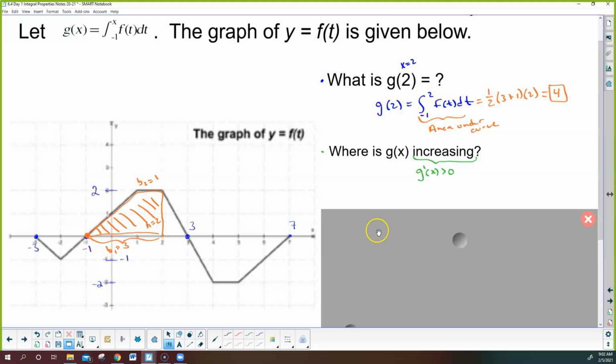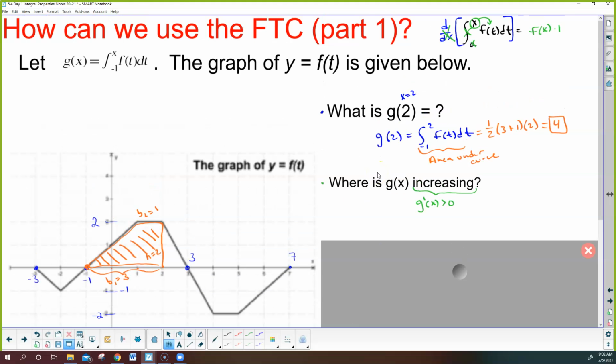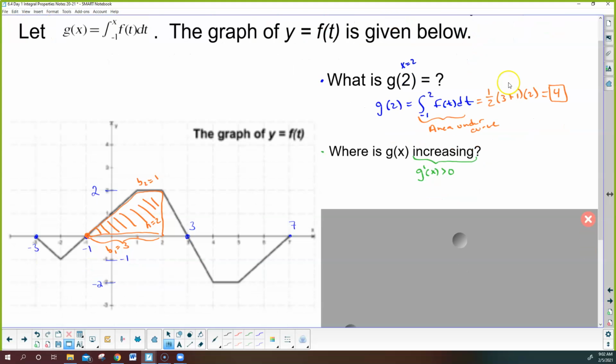Well, this is a strong connection right now to the fundamental theorem of calculus, part 1, where if I take the derivative of this, we know that the integral and the derivative reduce each other out. So this is crucial for our explanation for everything else, is I need to make a connection to g and g prime. So what I'm going to do is take the derivative of both sides here.